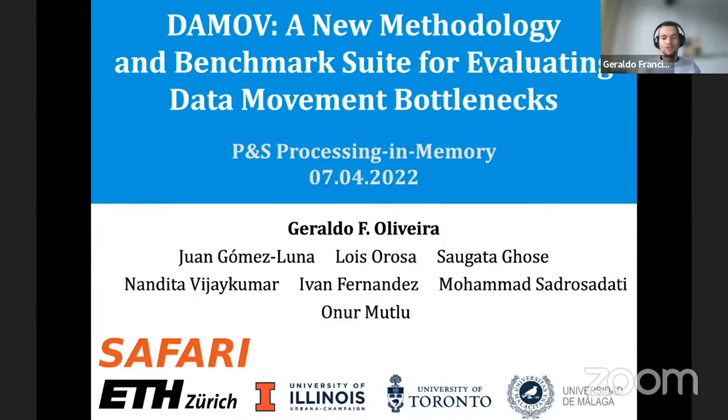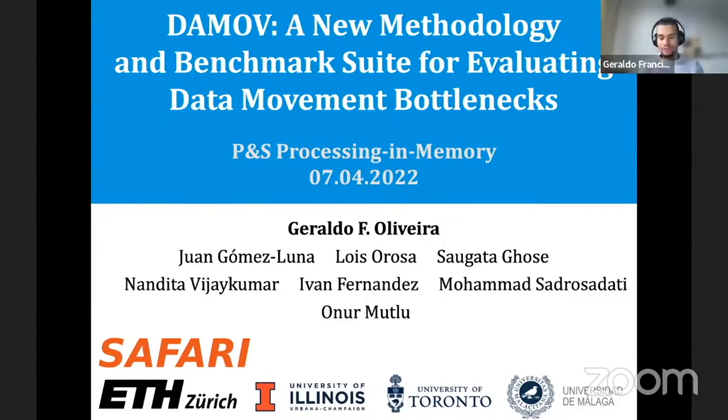So we use both out-of-order cores and in-order cores and accelerators in this paper to evaluate data movement bottlenecks. And the in-order core setup is really similar to the UPMEM setup. So we have simple in-order cores connected to some scratchpad memory, though in this paper we use caches, and also a memory channel that provides high bandwidth for the NDP in-order core. So in that case, it's quite similar.